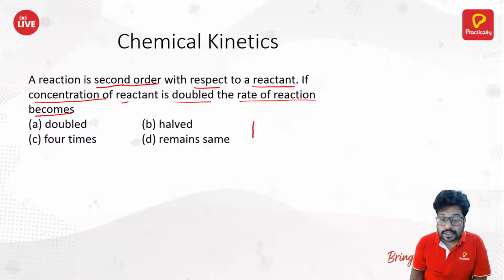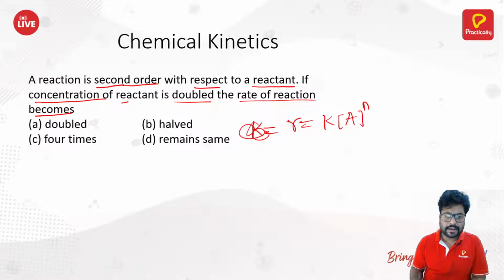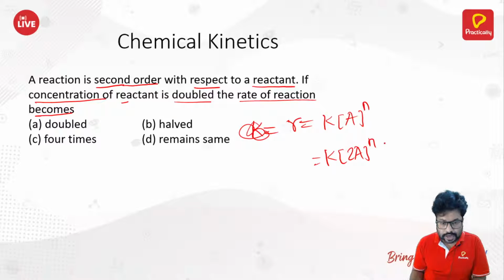How? Suppose your reactant is A, so R is equal to K into A raised to N, right? If the concentration of reactant is doubled, so you have K into 2A raised to N. Then the rate of reaction should become what?